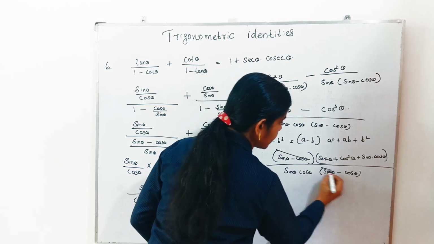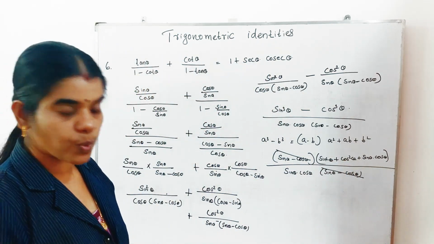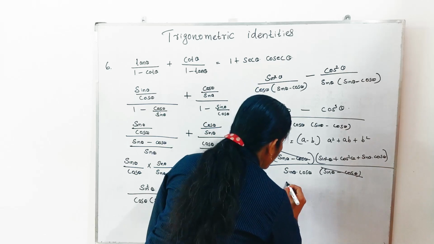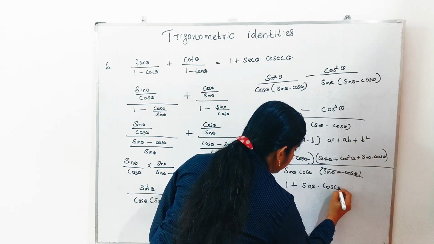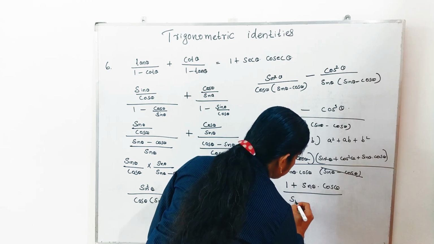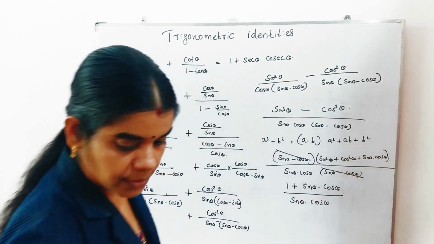This will be common, that we can cut. The sin square theta plus cos square theta, that is equal to 1. Then 1 plus sin theta cos theta divided by sin theta cos theta. This is our last answer got.